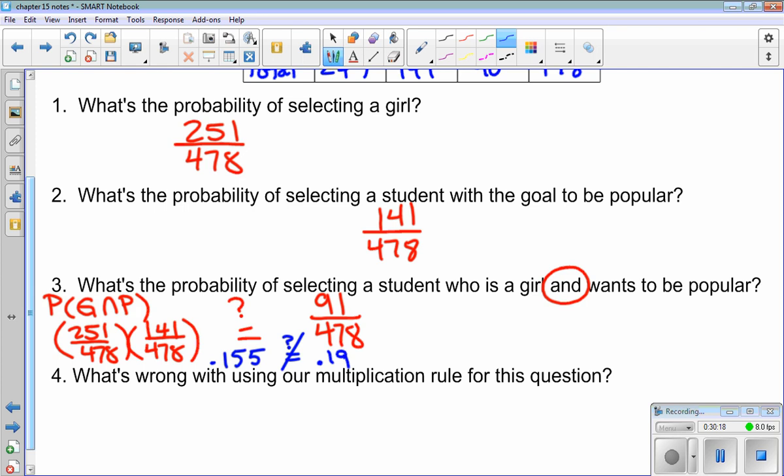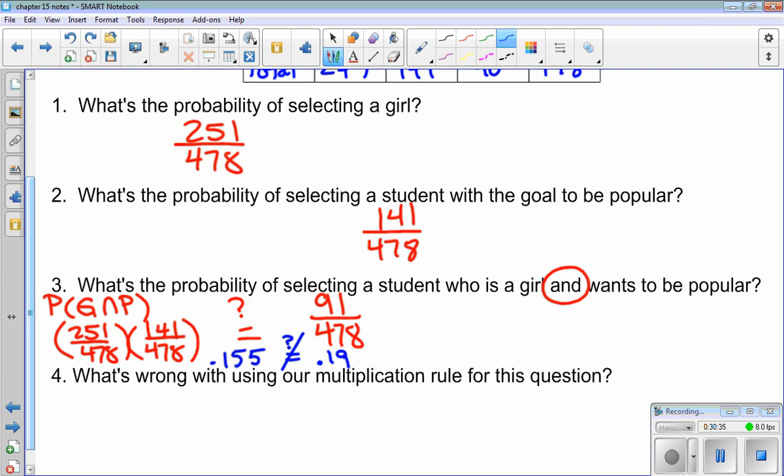Something very important. That tells me that these two things are dependent on each other. We just mathematically proved it. And I'm going to say that again because it's really important.